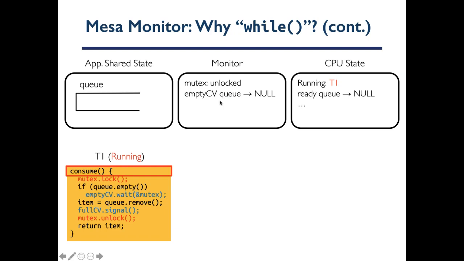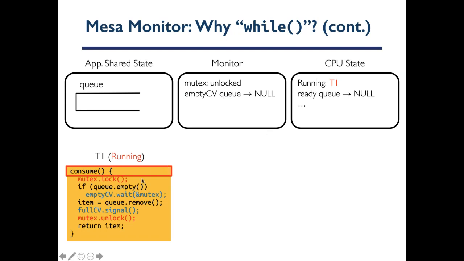It also has a producer queue, but because it's not a focus of this example, I don't show it. So I just have the empty CV queue, which is initially null. And then there is only one CPU here for simplicity. Let's say that CPU is running T1, and it has a ready queue, which is null. Nobody is ready. So hopefully the setup makes sense.